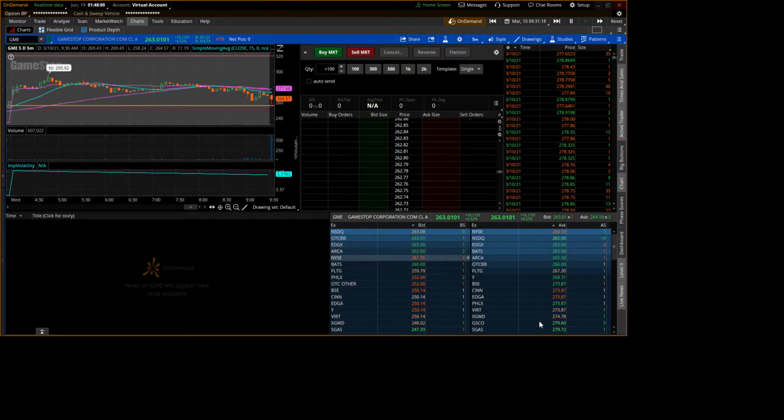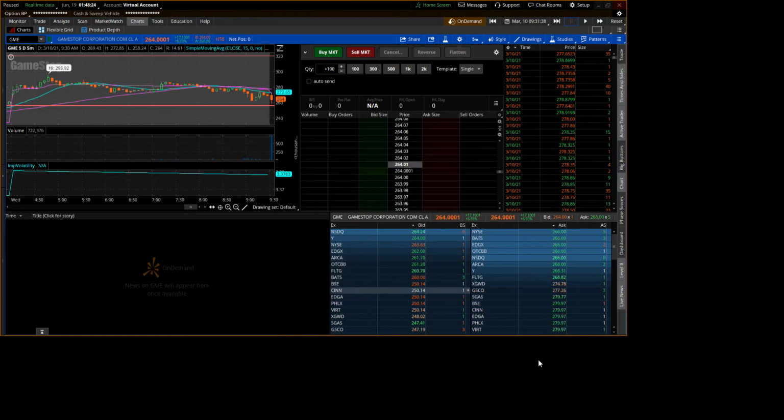Seeing the level 2 on the left side. 262, 260. Watching it. Bid is 260, 261. It's not doing anything. So I'll pause it right there.